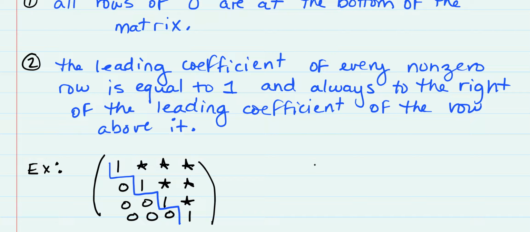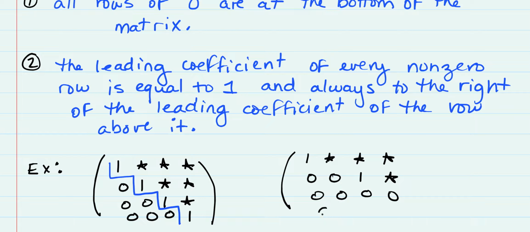Here's another example of something in row echelon form. Again, this is going to be a 4x4 matrix, so it's going to have 4 rows and 4 columns. Okay, first thing to notice is that the 0 rows are at the bottom of the matrix.